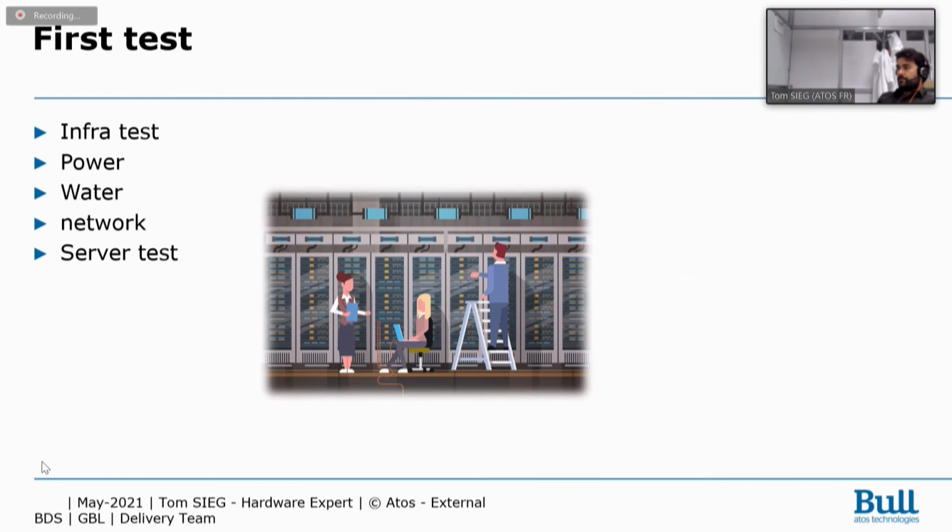You check if each BMC is okay in the good version, if each compute node answers properly, has the good performances, if all components are visible and working well, etc. The first phase of the test is to check all the physical aspects of the cluster. And the beginning of the software could help you for all the internal components, if I can say that.